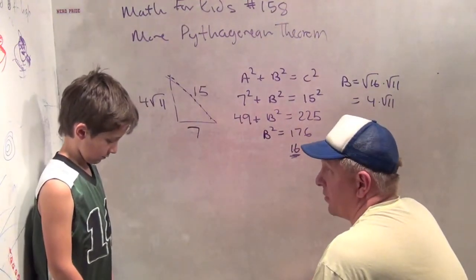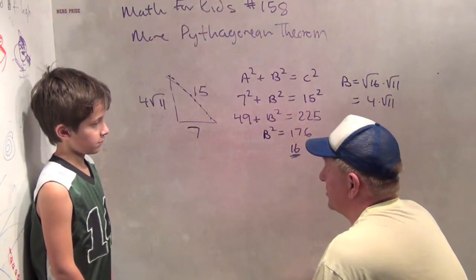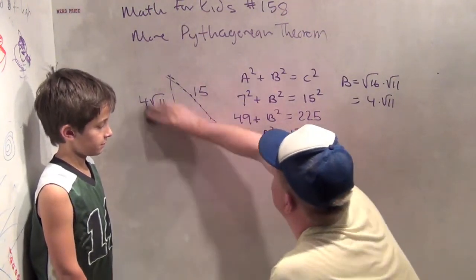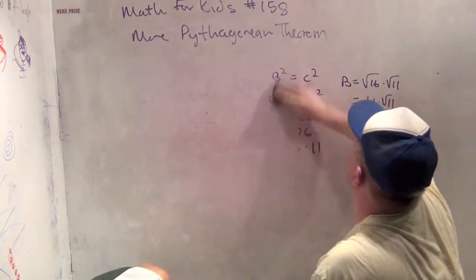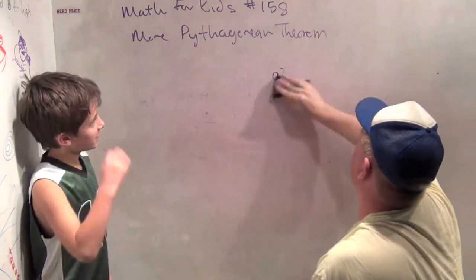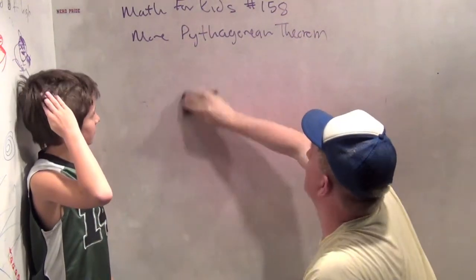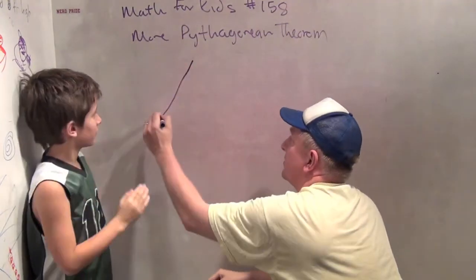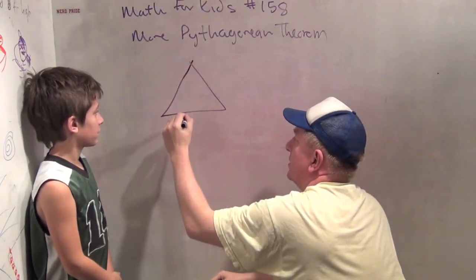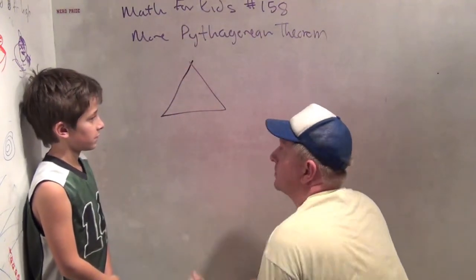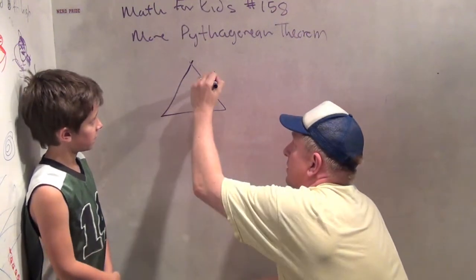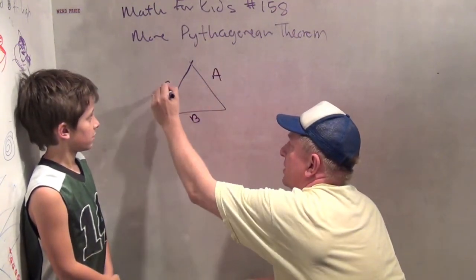And for fun, you want to see the formula for a general triangle? Okay. You're not going to understand it, but what the heck? Because it has this thing you've never ever seen before. So if you have a general triangle, let's call it A, B, C, like this.